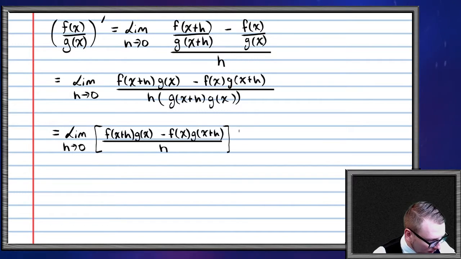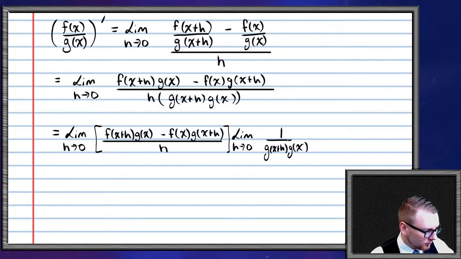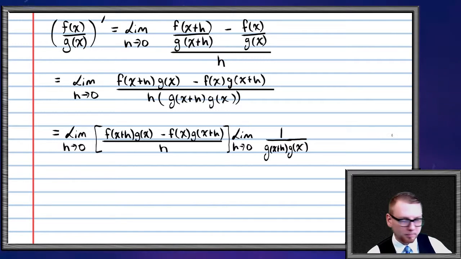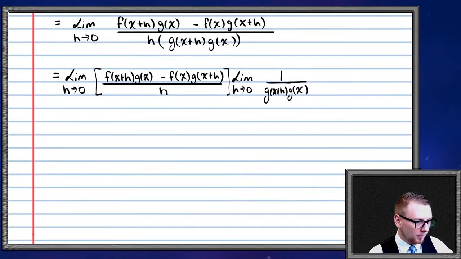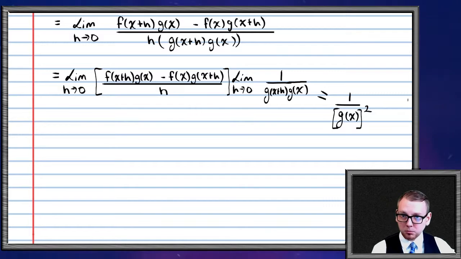We've got the limit as h approaches 0 of 1 over g of x plus h times g of x. Now you can notice that in here, if h approaches 0, we just get g of x squared. So this right here is equal to 1 over g of x squared. Okay, that's a good start.